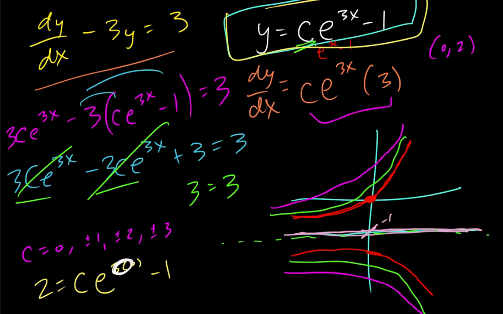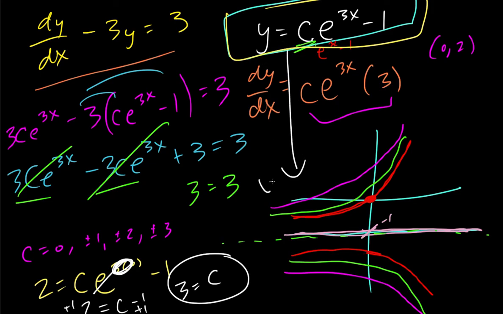This just all goes to 0. E to the 0 just goes to 1. So we just have c minus 1 equals 2. Add 1 to both sides, and we get c equals 3. And so the particular solution is when we plug in 3 for c. And so we'll just plug it in right here. Y equals 3e to the 3x minus 1.